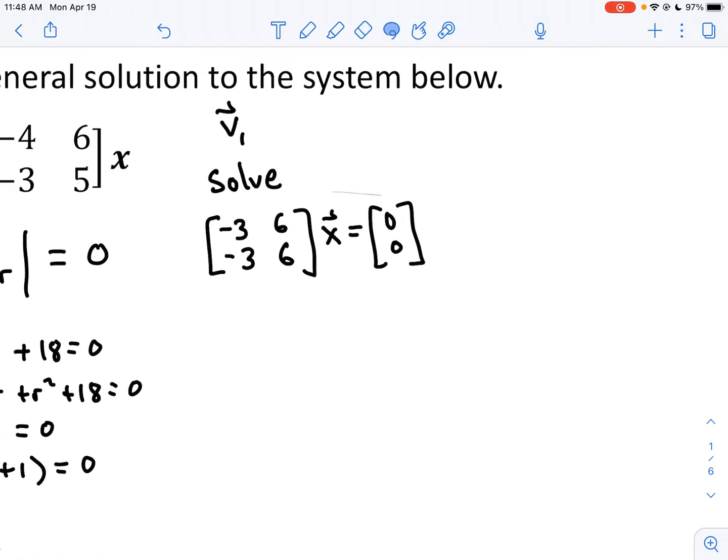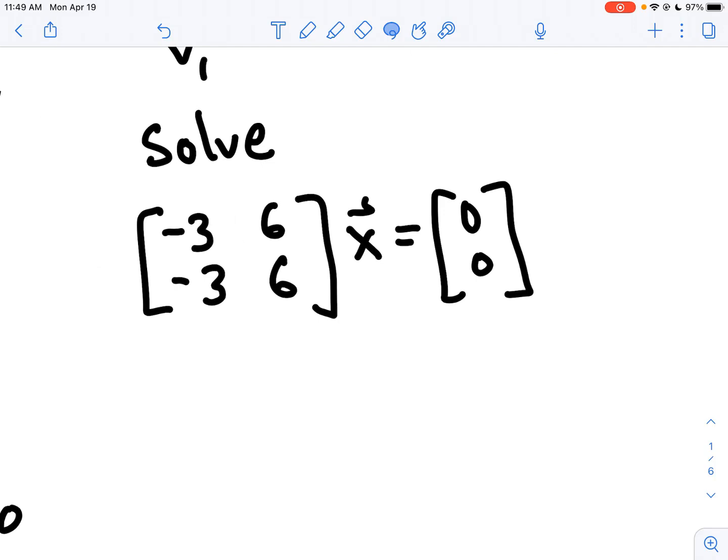You don't really have to convert this into an augmented matrix and put it in reduced row echelon form. More often than not, you can simply eyeball a vector that'll turn these rows into the 0 vector over here. Since the two rows are identical, we just want to figure out what number could I multiply to -3, and how can I scale -3 and then add it to a scaling of 6 so that I get cancellation and I get 0.